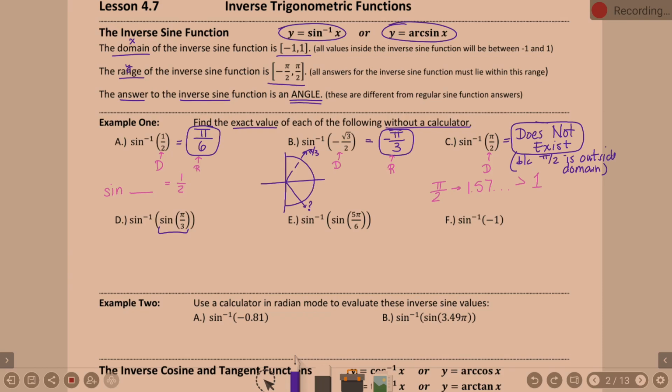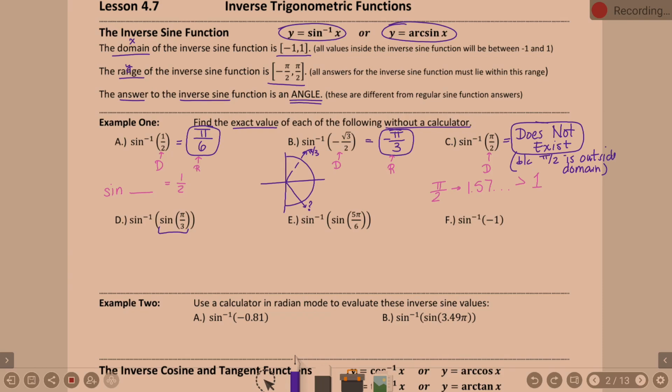Thoughts on sine of pi over 3? Square root of 3 over 2. Okay, square root of 3 over 2. Pi over 3 radians is equivalent to 60 degrees. But I'm asking what is the sine of pi over 3, which would be equivalent to saying what is the sine of 60 degrees.